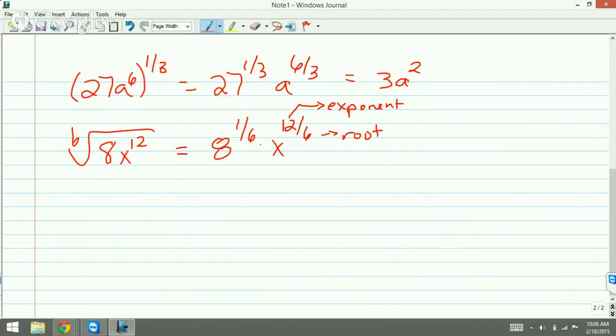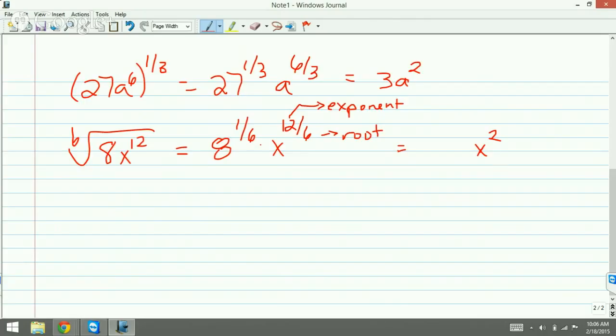This one is a little bit different. Can you do anything with it in its present state? The x is x squared, right? Can I change the 8? You're going to do some base changes here.